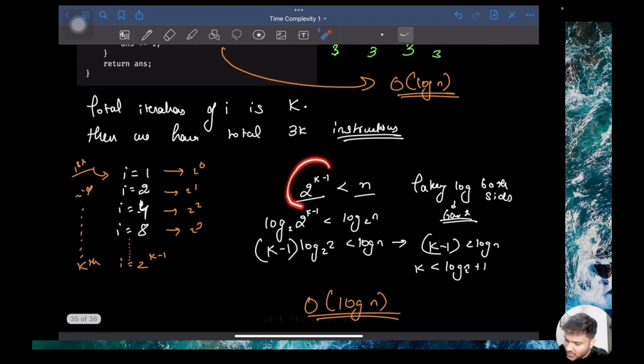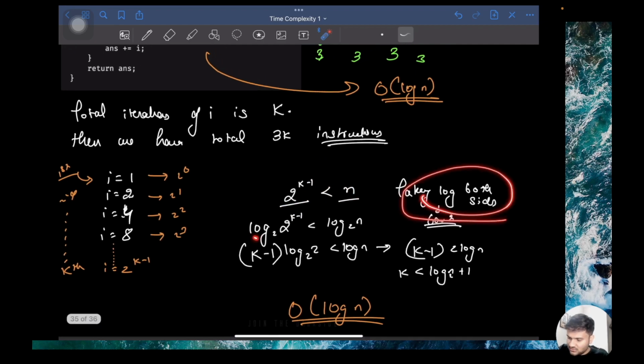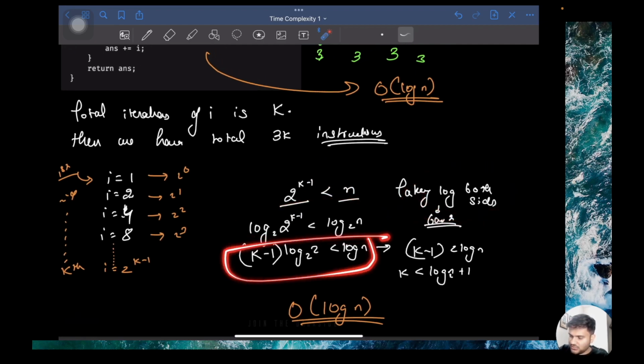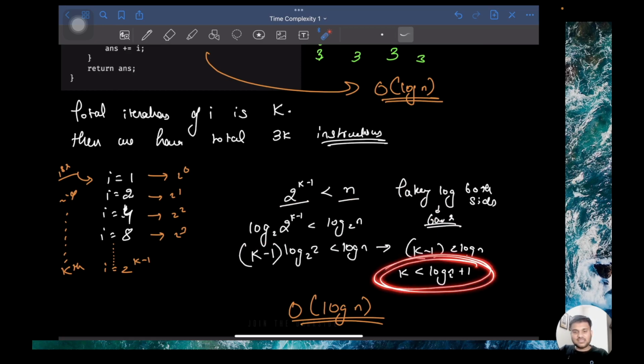That means 2 raised to the power k minus 1 is going to be less than n. If you take log on both sides, you are going to resolve this, and then you will say k is less than log of n to the base 2 plus 1. That means k never reaches log n plus 1. k can at max reach log n. Just think about it. If k is less than log n plus 1, can I say k is less than or equal to log n?